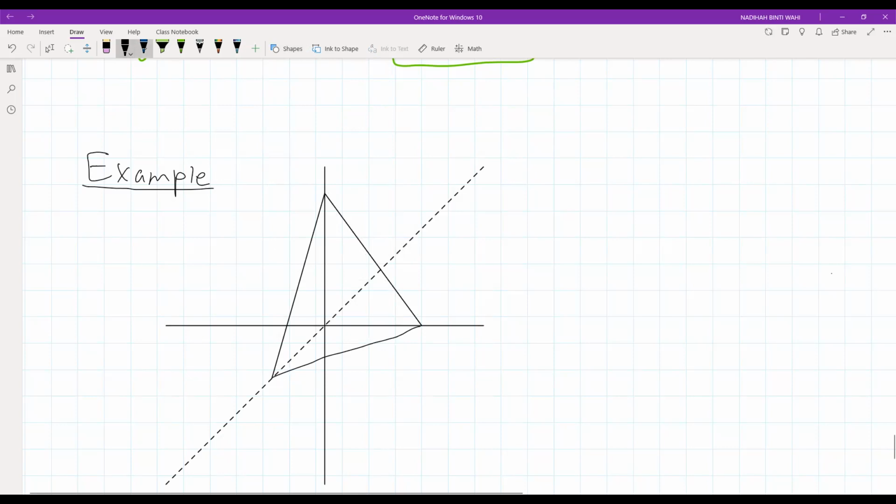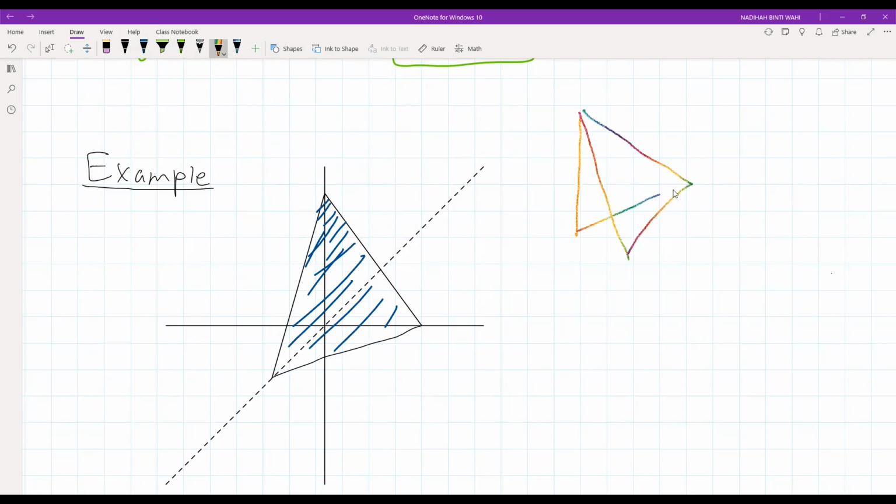Okay, so the region is, you can see that this is the solid part, like a diamond or something like that. Not exactly a diamond, but it looks like this. Solid.